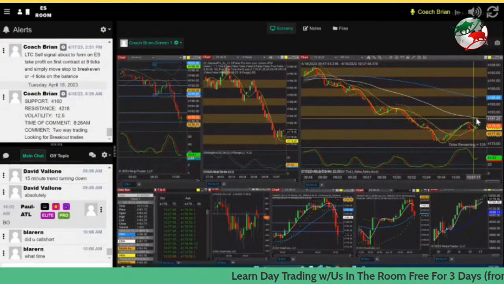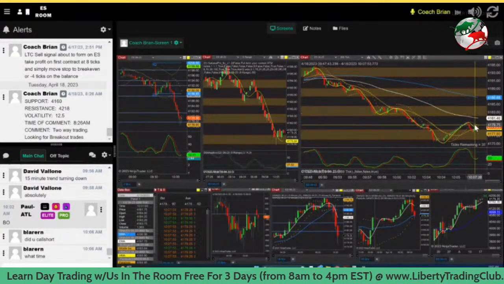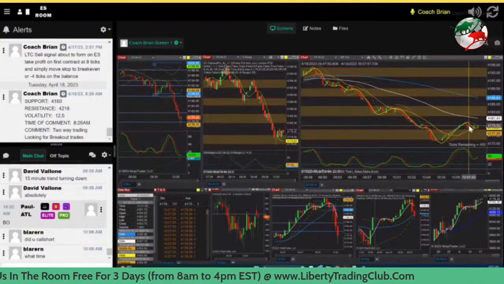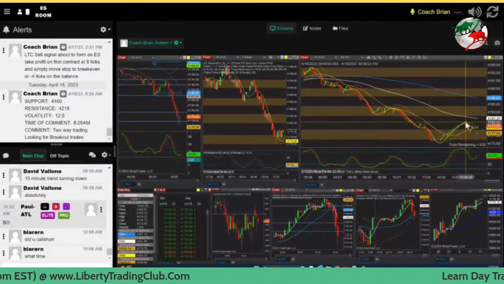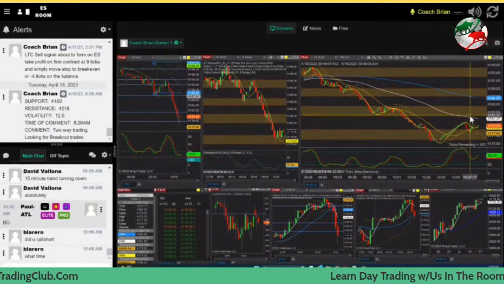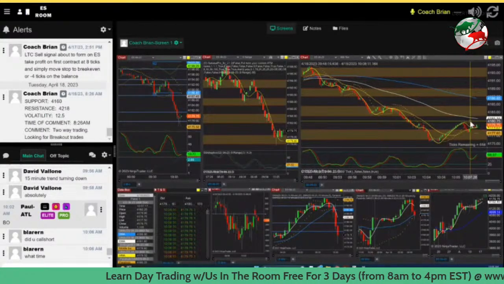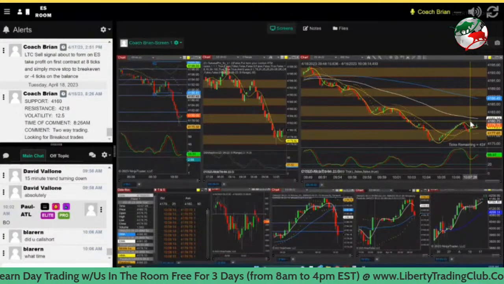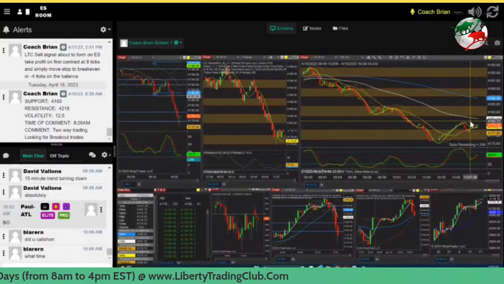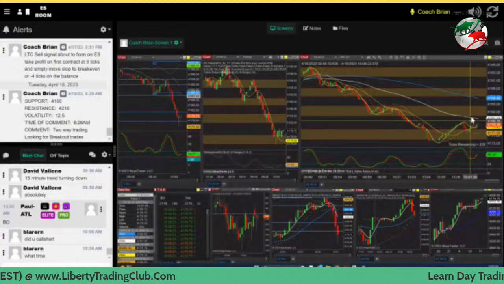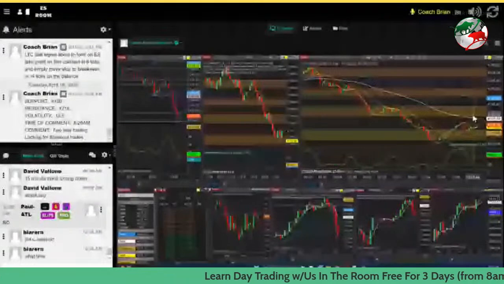Right now, we're looking for a good short signal somewhere in this area from here to here. I'd like to see it poke its head back up to at least the first touch rule.